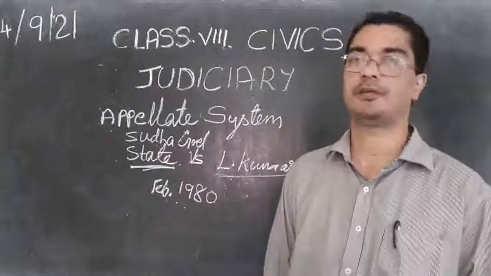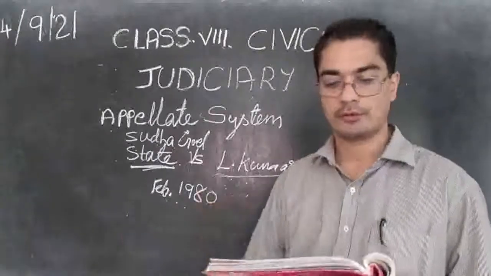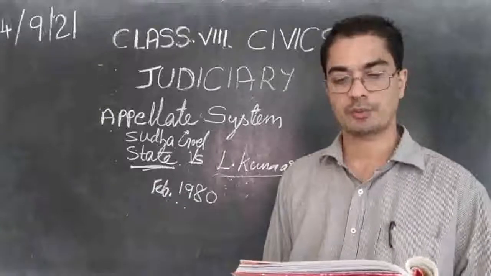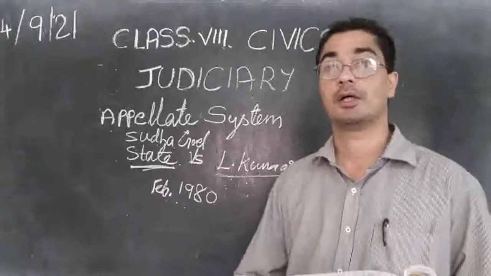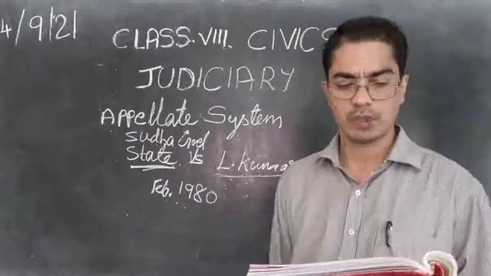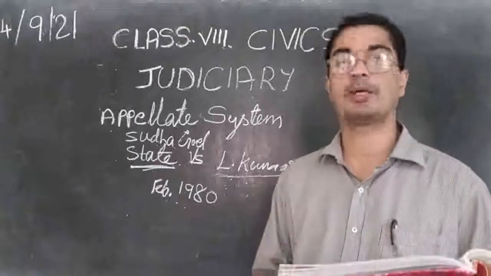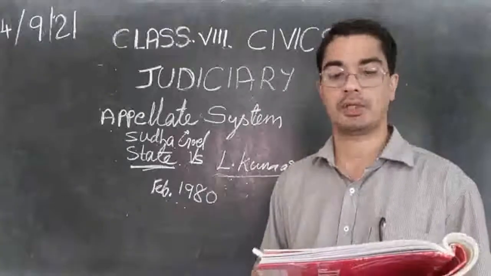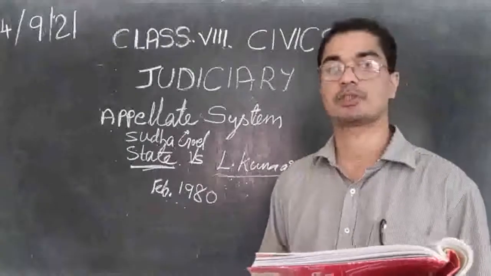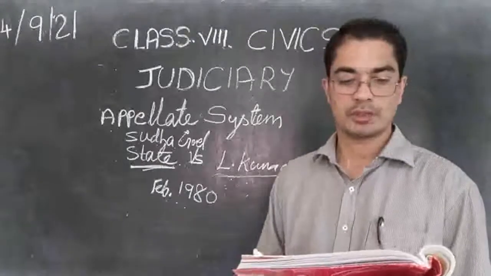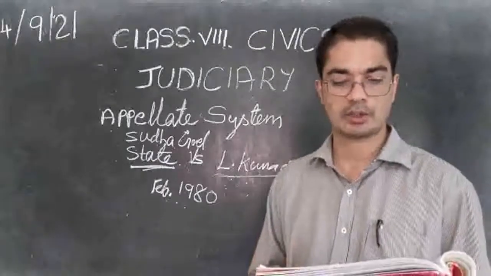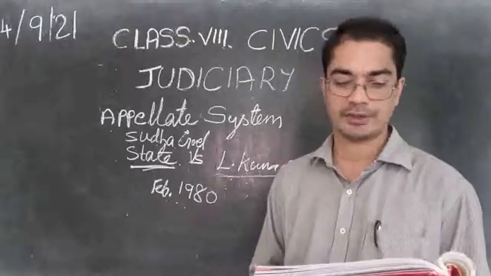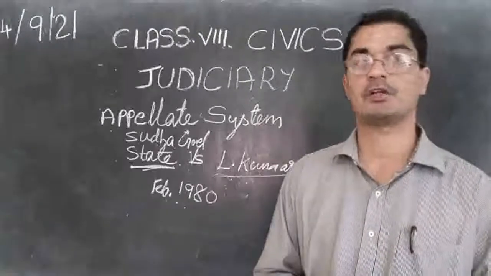So in 1985, after a few years, the Supreme Court heard the case. The Supreme Court heard this appeal against the acquittal of Lakshman and two members of his family. The Supreme Court heard the arguments of the lawyers and reached a decision that was different from that of the High Court.